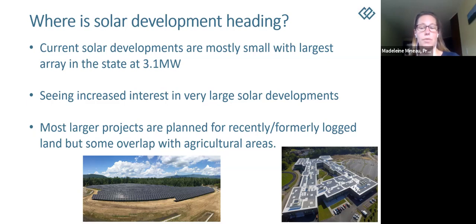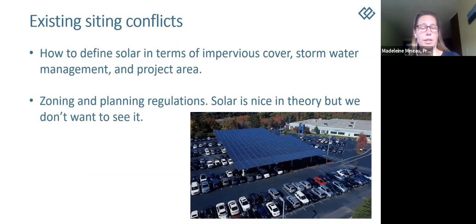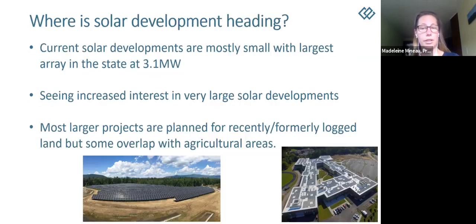So once you've already had a lot of solar developed, it becomes more expensive. There's more infrastructure upgrades needed to connect to the grid. That's not the case here. And so that's attracting some of this development pressure for larger utility scale projects. Most of the large projects I've seen are mostly on formerly logged sites, but there are a few that are also considered on agricultural areas. Next slide.